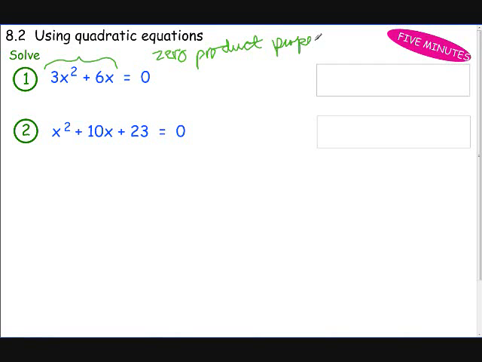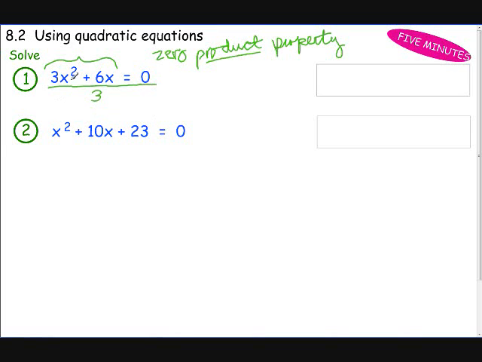We remember what that is. We first set one side to 0, and then we take the sum that we've got here and convert it into a product. In this case, I think a sensible way to go about this would be, first of all, to divide everything by 3.